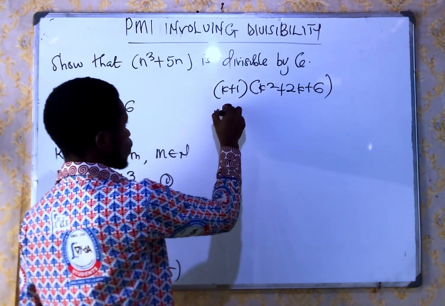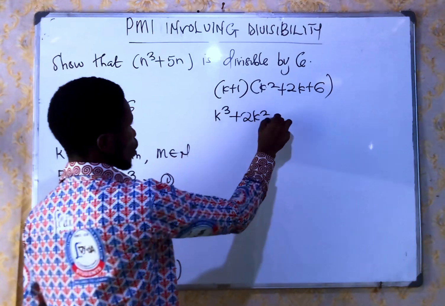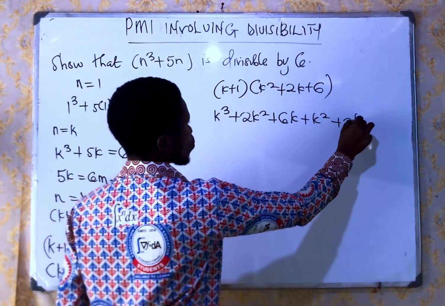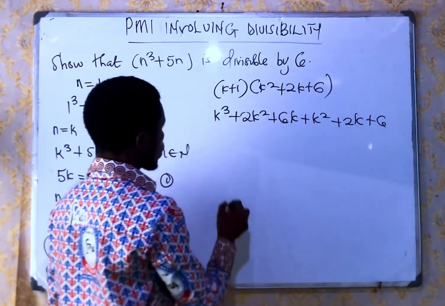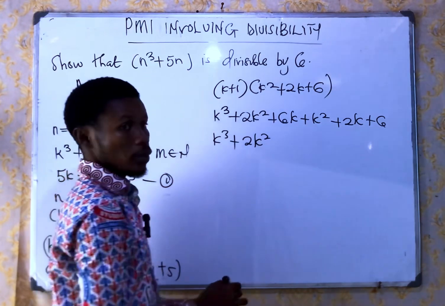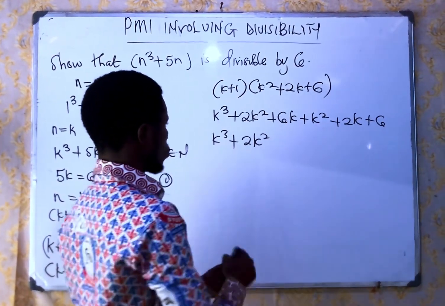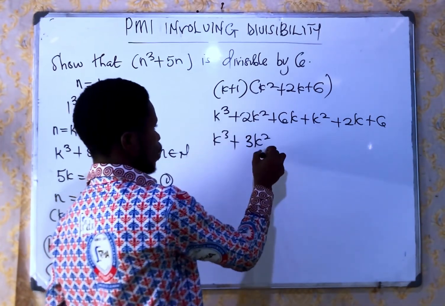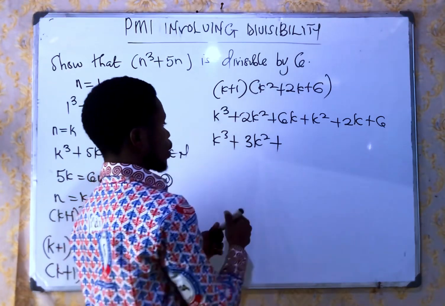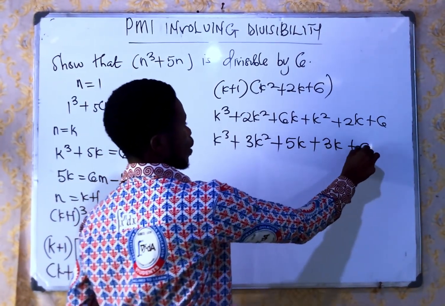k cube plus 2k squared plus 6k plus k squared plus 2k plus 6. So this gives us k cube plus 2k squared, now 6k, 2k squared, k squared, so here it becomes 3k squared. Plus, because I need 5k, this and this, if I add it, is 8k, so I can write it as 5k plus 3k plus 6.